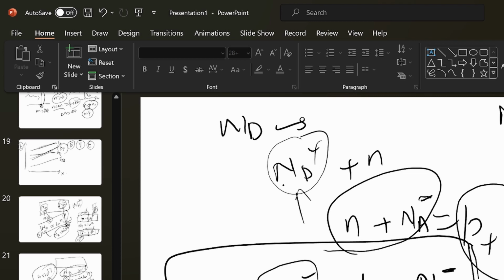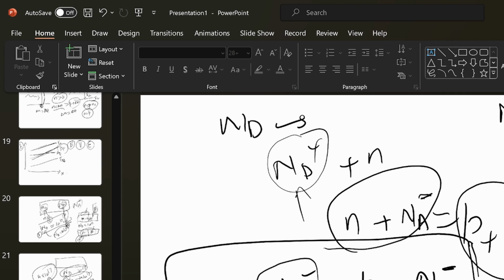So p is equal to ni square by n, and we can replace p with ni square by n, along with Na minus and Nd plus. So even if there is incomplete ionization, we can calculate these things.